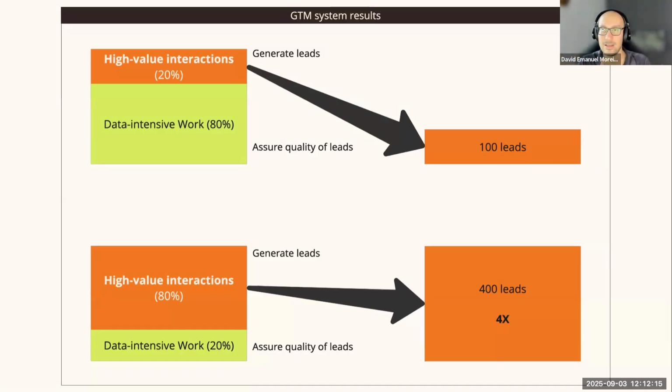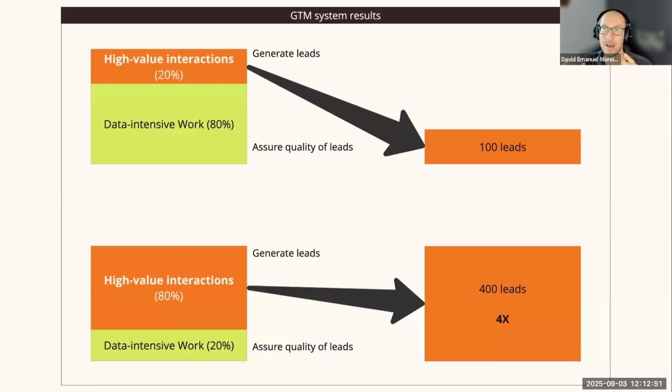And if you can decrease that time from 80% to 20%, you will be able to increase the amount of time that you can spend on high value interactions, like making the high quality follow-ups that your leads deserve, creating high quality content to nurture your leads, having real conversations with your leads, calling your leads at the exact moment that they need your support, being with them.